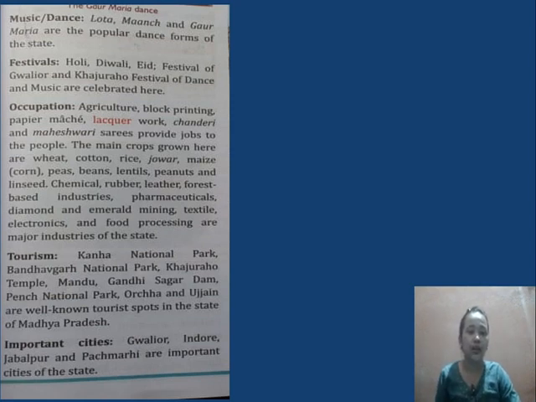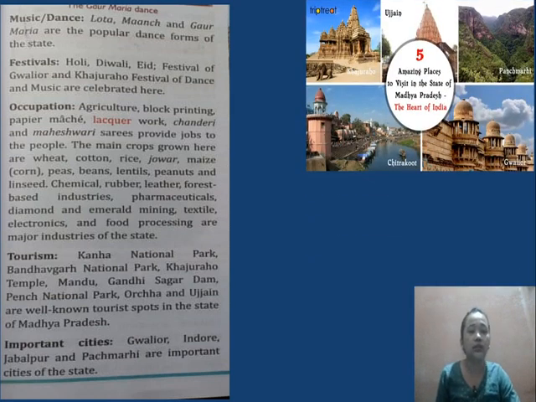Food processing is the major industry of the state. Now let's talk about tourism. Kanha National Park, Bandhavgarh National Park, Pench National Park, Orchha and Ujjain are well-known tourist spots in the state of Madhya Pradesh, as you can see in the image.